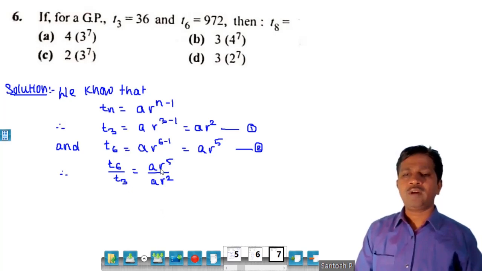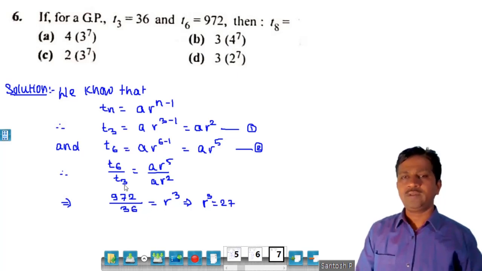Now let us take this ratio, because if I take this ratio, this A will get cancelled and only the terms of R will remain. So T6 upon T3 equals AR raised to 5 upon AR squared. A cancels, and we are given the values of T6 and T3. T6 is 972 upon T3 which is 36, and this ratio is R cubed. After performing this division, you will get 27. R cubed is 27, meaning R equals 3.